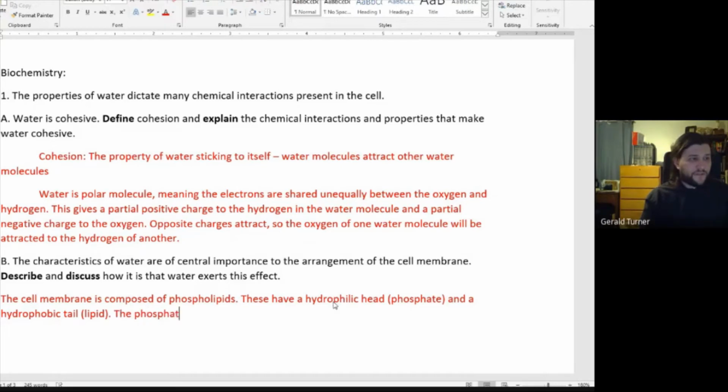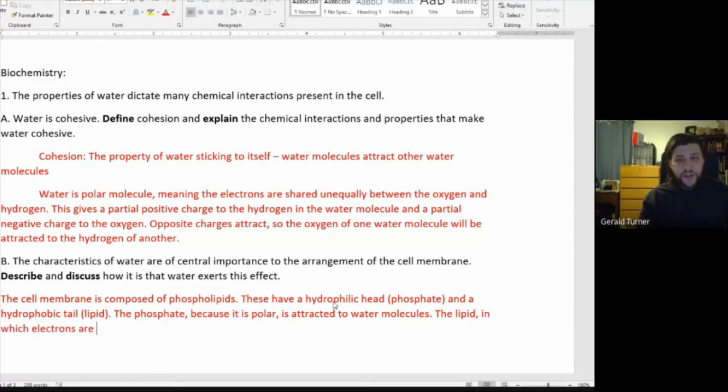The phosphate, because it is charged, or because it is polar, I should say, is attracted to water molecules. The lipid, in which the electrons are shared equally, is going to be nonpolar, and it won't be attracted to water.